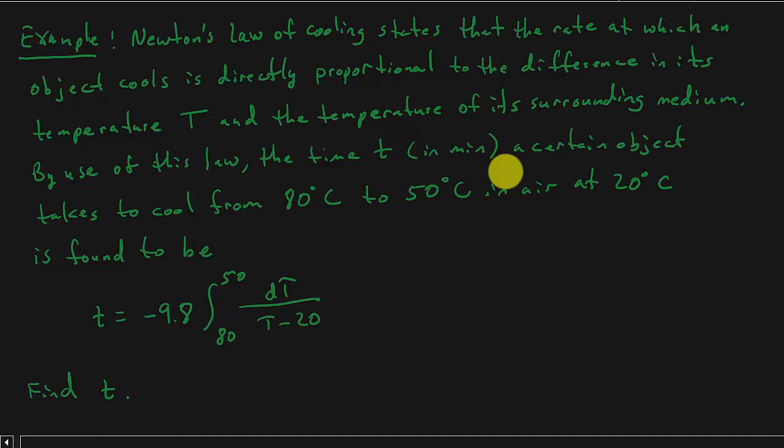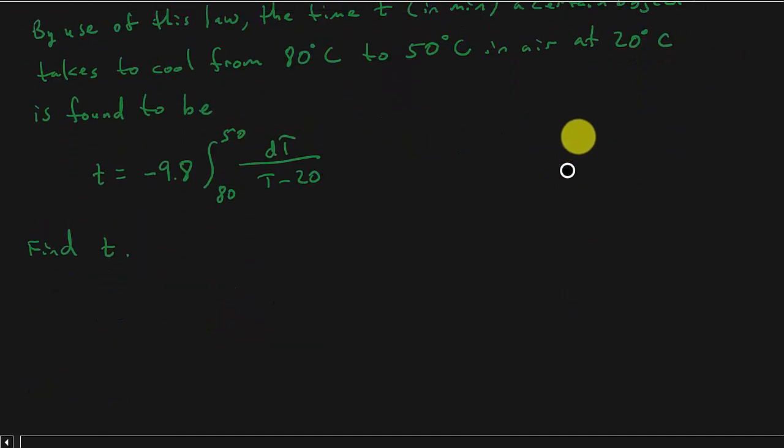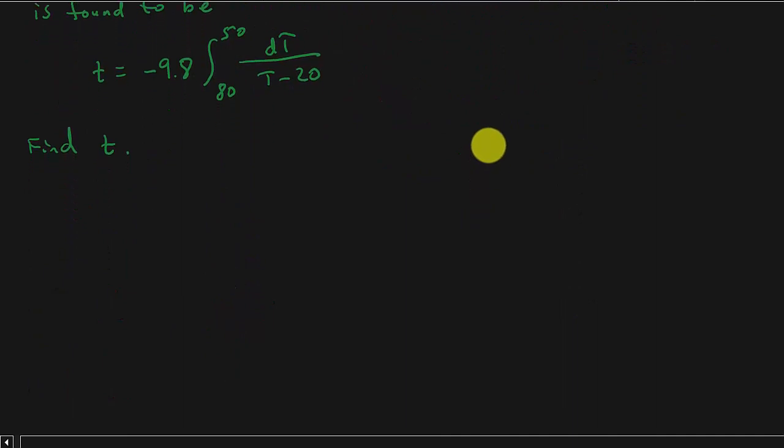By use of this law, the time, little t, in minutes a certain object takes to cool from 80 degrees to 50 degrees Celsius in air at 20 degrees Celsius is found to be t equals negative 9.8 integral from 80 to 50, because it's cooling from 80 to 50 degrees, of dT over capital T minus 20, and they want us to find t. So basically all we're doing here is evaluating this integral.